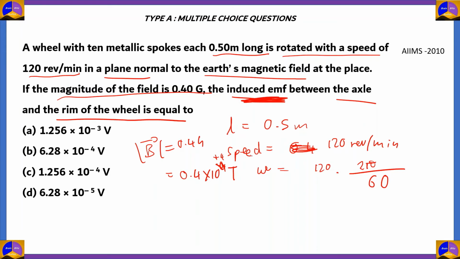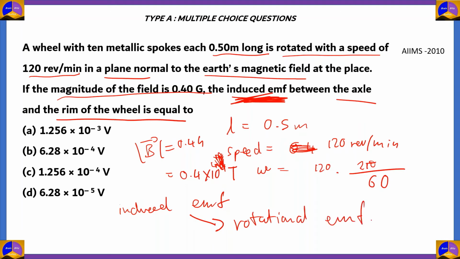So now we need to find the value of the induced EMF. The induced EMF here is not the kind of EMF that you usually use, the kind that comes due to translatory motion. Here, the metallic spokes are actually rotating, so we use rotational EMF.